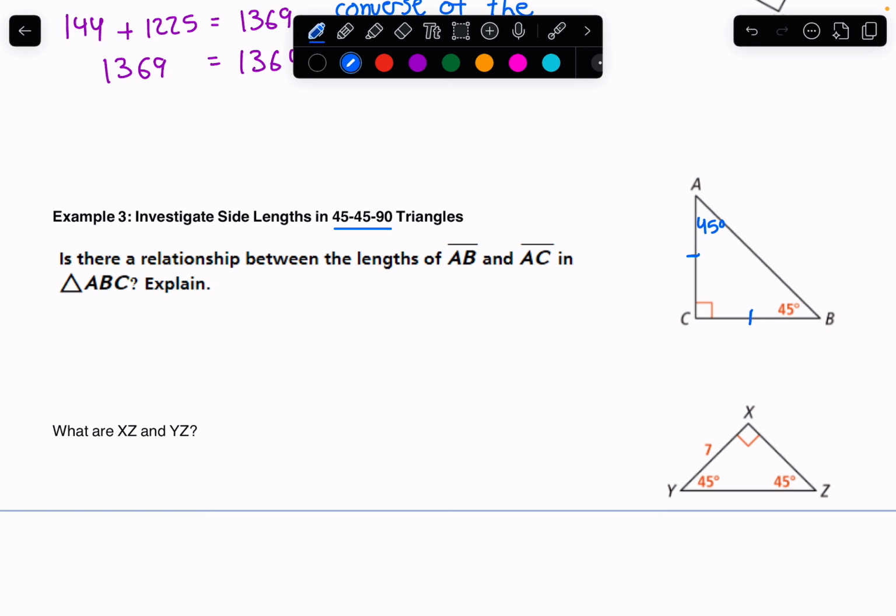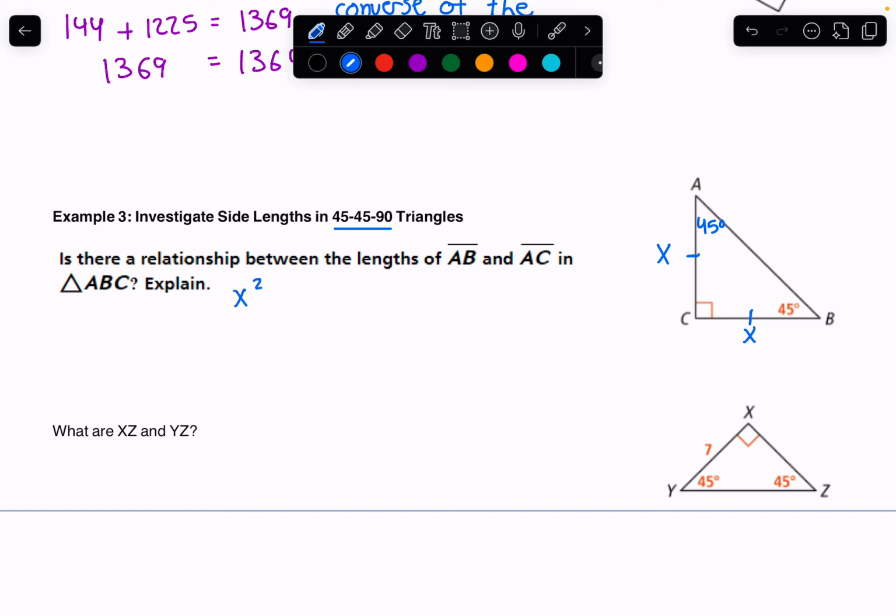And here's how that is going to work. If I know that this side and this side are the same, I can call them both x. And I can use those two side lengths and this hypotenuse with the Pythagorean theorem to help me find an expression that represents the hypotenuse.